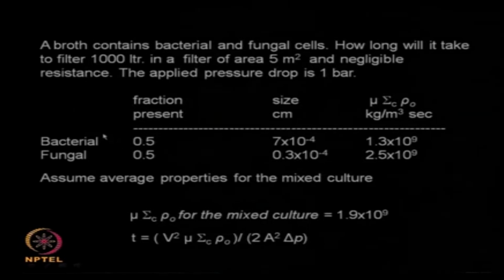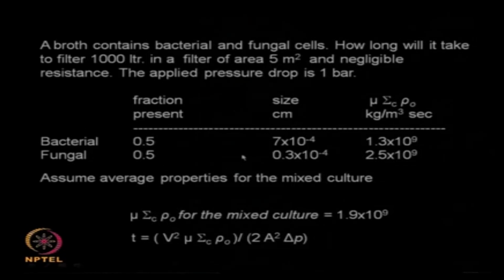Now the bacterial cells have certain property, like the size is given here 7 into 10 power minus 4 centimeter, and the resistance offered by it is given here 1.3 into 10 power 9, whereas the fungal size is different and resistance offered is also different, and we will assume 50-50 ratio of the bacterial and fungal. Now the problem states that we can consider average properties, that means we can take the ratios to be directly proportional to each other.